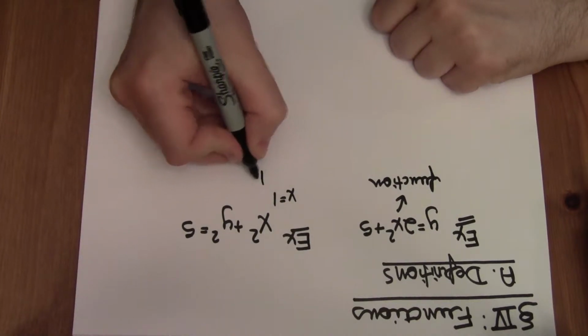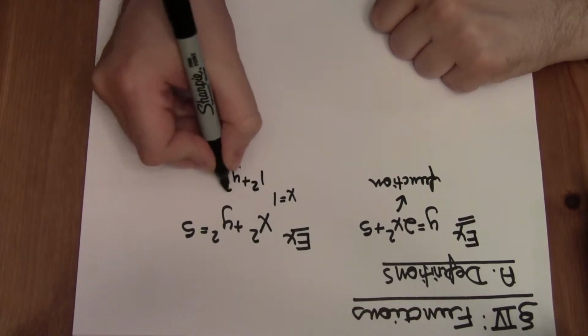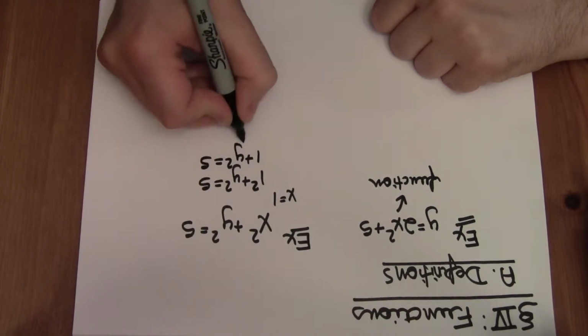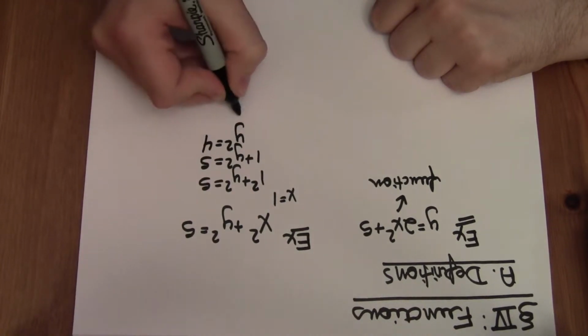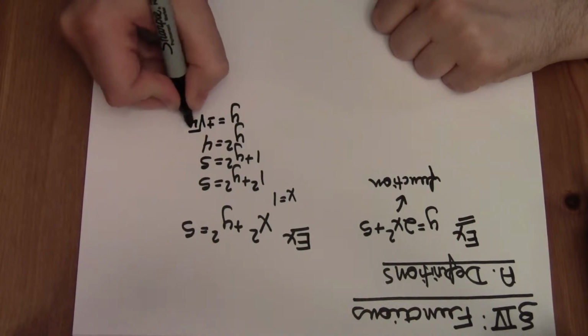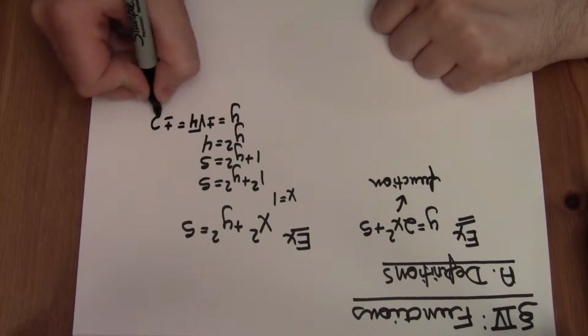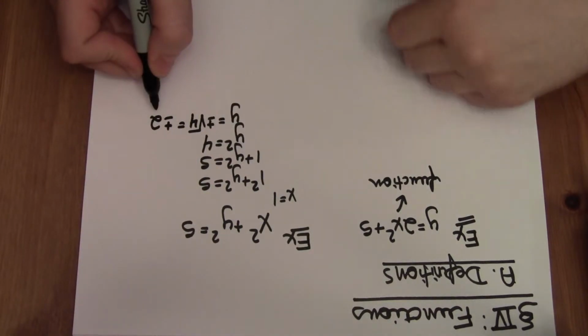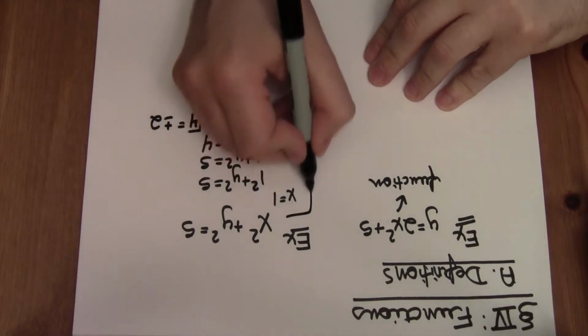If you plug in 1 for x, you get 1 squared plus y squared equals 5. So 1 plus y squared equals 5. Y squared equals 4. Y equals, remember to undo a square, you have to do the plus or minus square root. So plus or minus the square root of 4, or plus or minus 2. That one x value gave us two different y values, so that one cannot be a function.